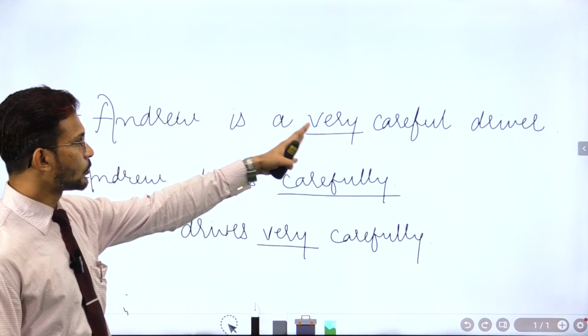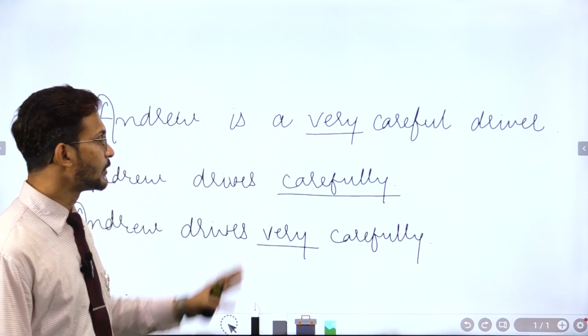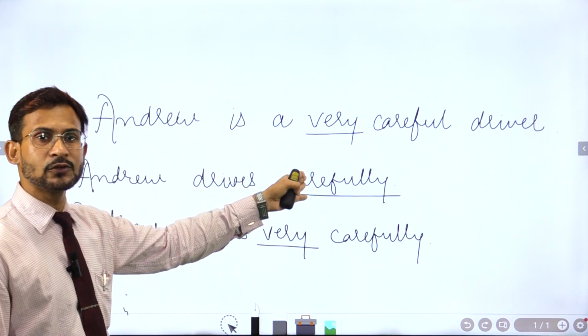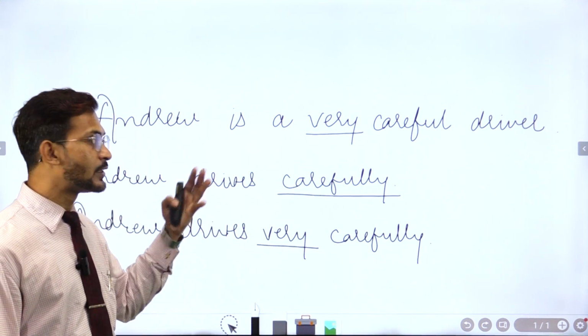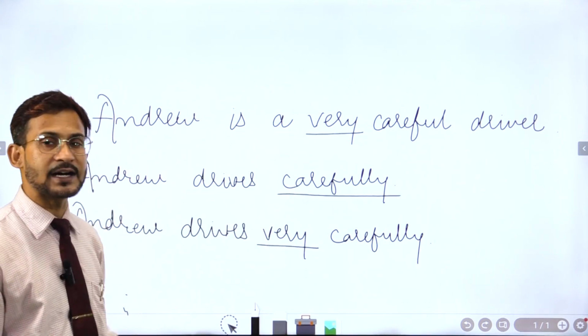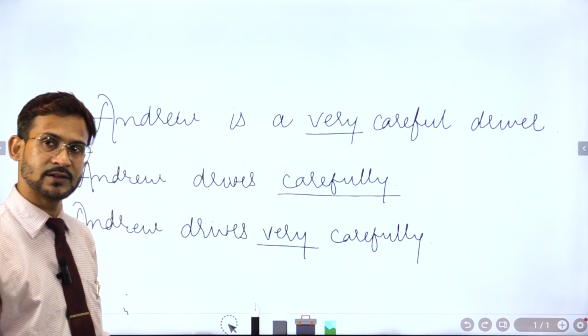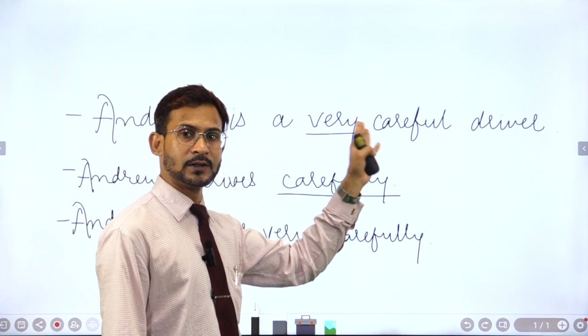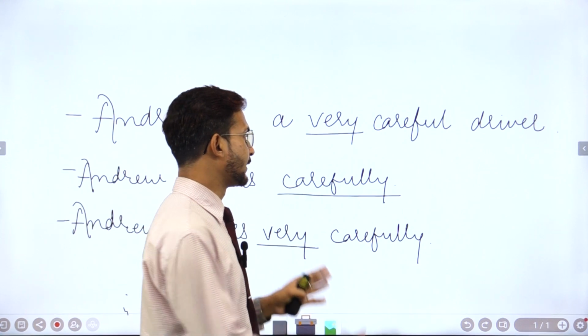Now, let us try to find out how these words modify another word in these sentences. All these three words are adverbs in English. Let us see how they are modifying another word in each of these sentences.